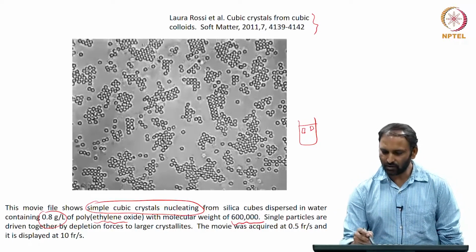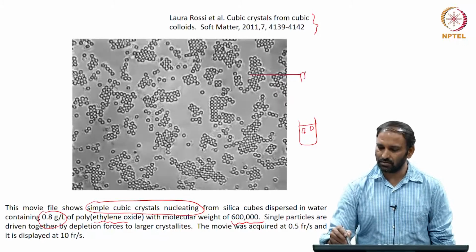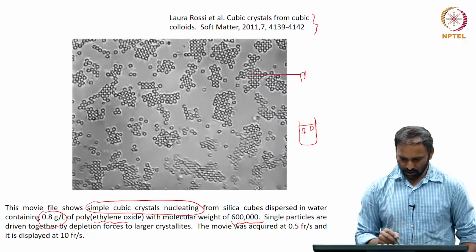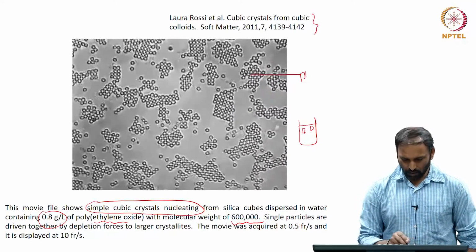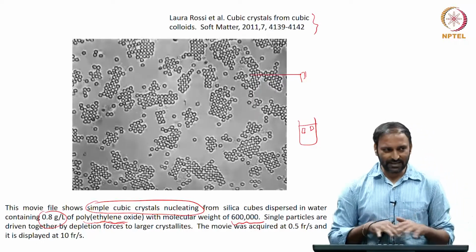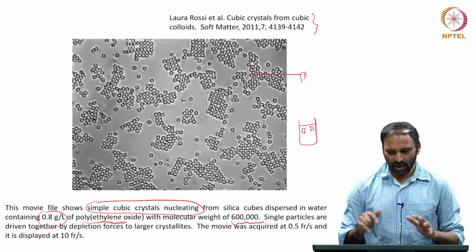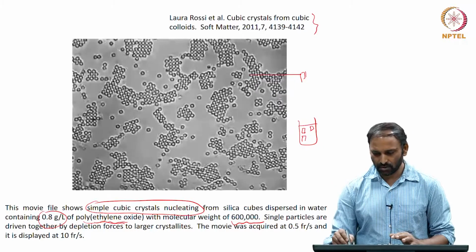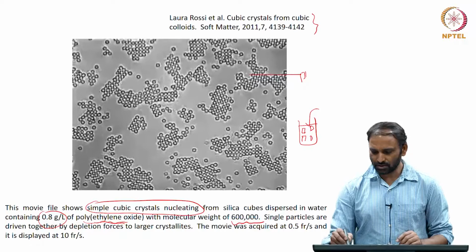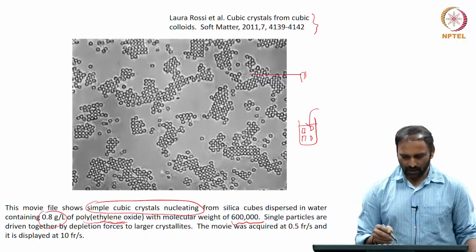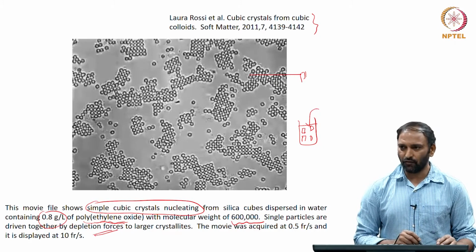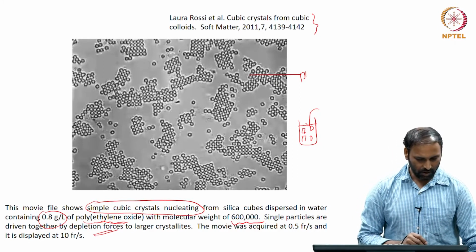So that's movie 1, in which a polymer has been added. Everything is exactly the same. All that is being done is I have a container with cubic particles, and then to that you add a polymer. So again, an example where the depletion forces come into picture to form large crystals.